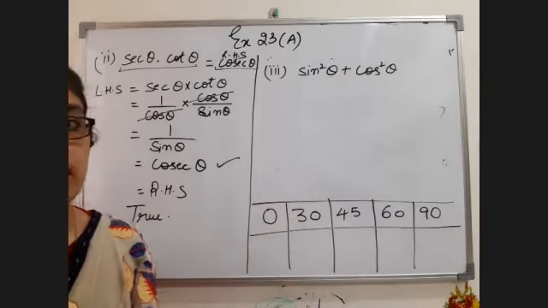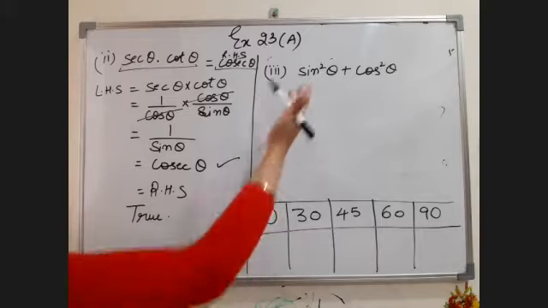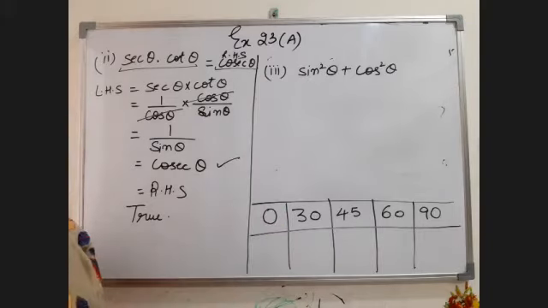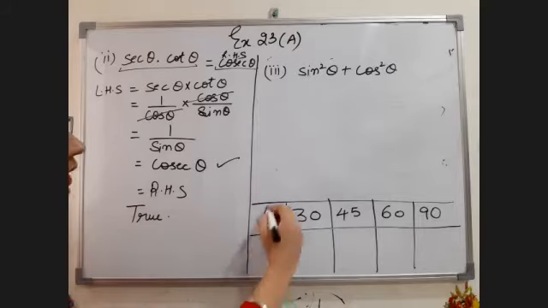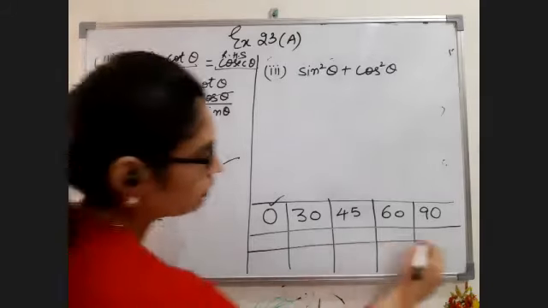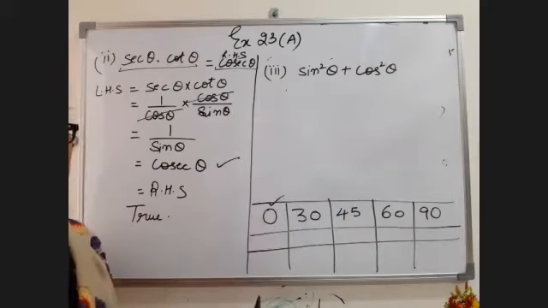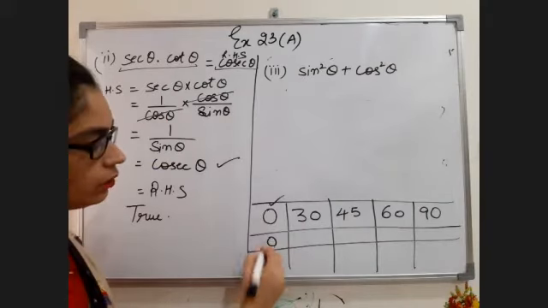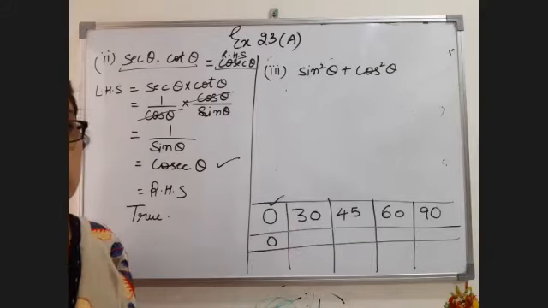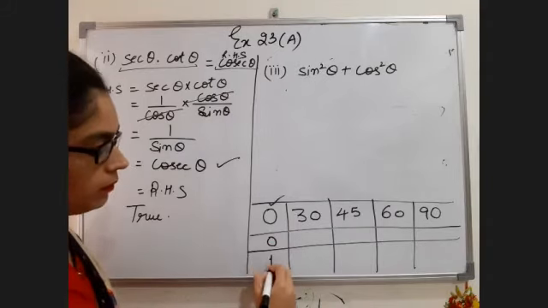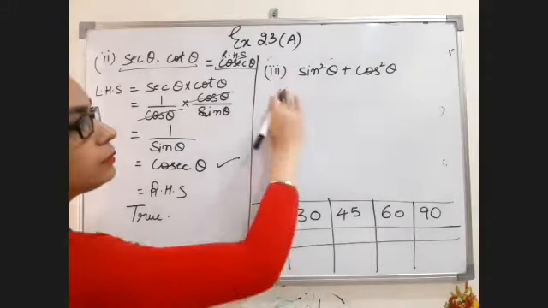We can just try for 2 or 3 and see what is the answer of sin square theta plus cos square theta. Let us start with 0. At 0, sin 0 is equal to 0, and cos 0 is equal to 1.